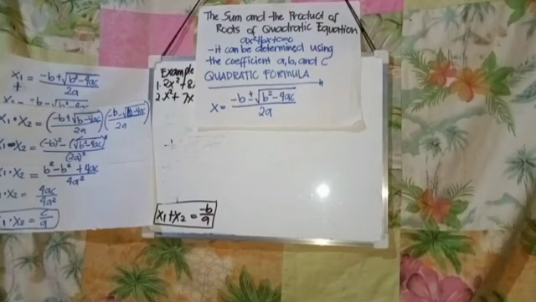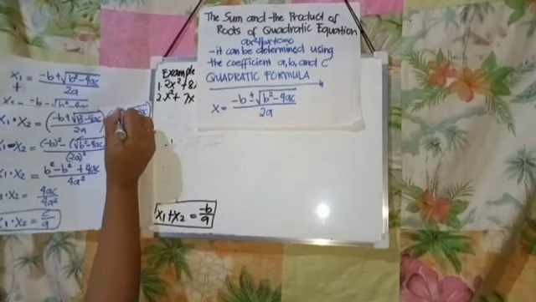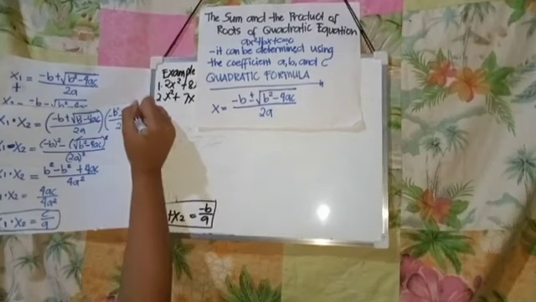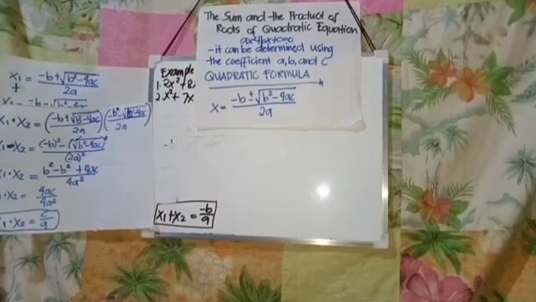I forgot to write the square here; it still has the squared, inside, not outside. So negative b plus the square root of b squared minus 4ac all over 2a times negative b minus the square root of b squared minus 4ac all over 2a.